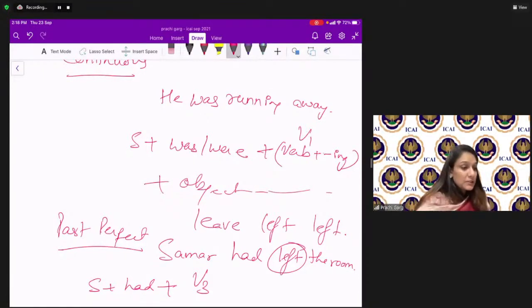Now when do we use past perfect? To indicate a completed action of the past that happened before another event took place. So we're talking about something that had already taken place before another event.